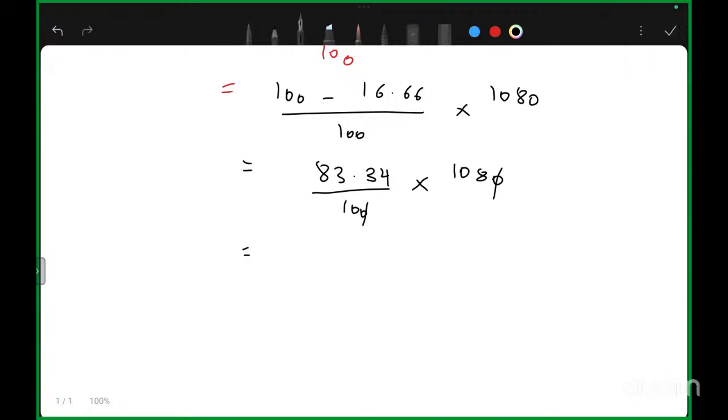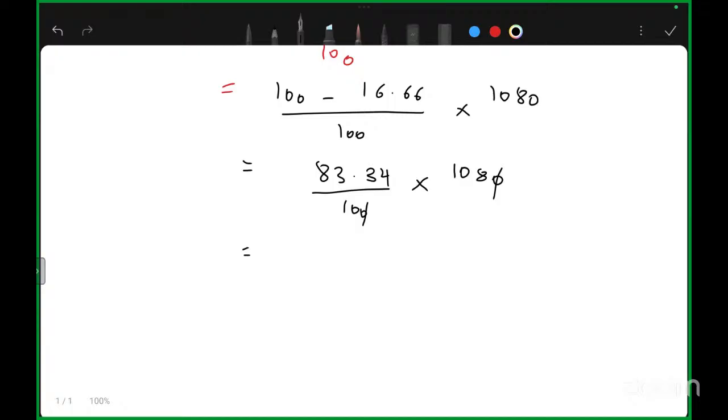You can also remove the 10 and shift the decimal point between 8 and 3. That is also one method. So it will be 108 multiplied by 8.334.